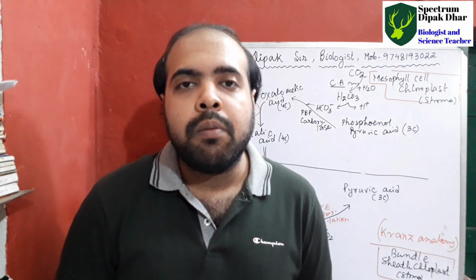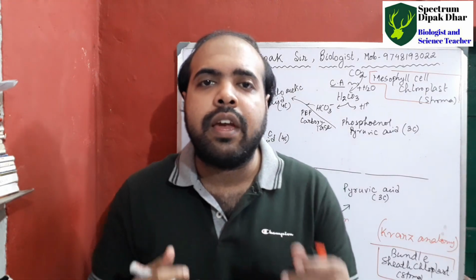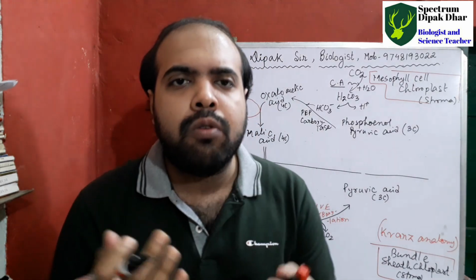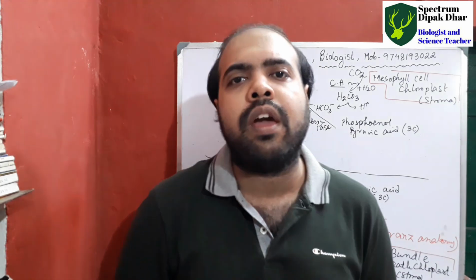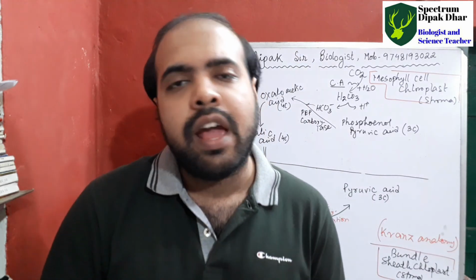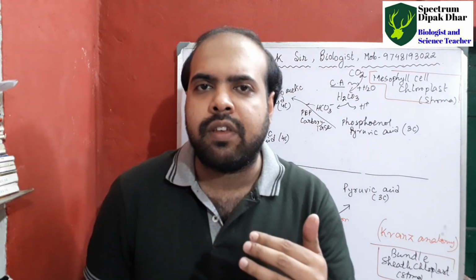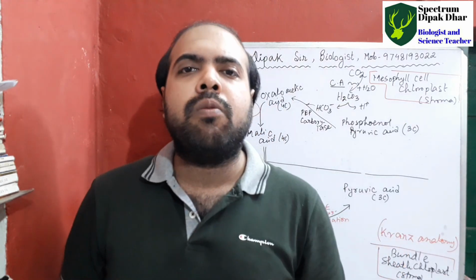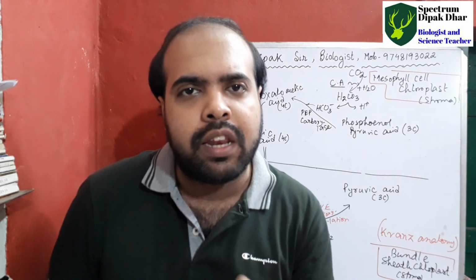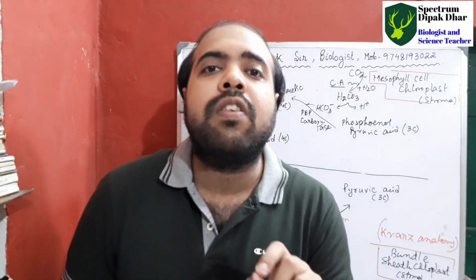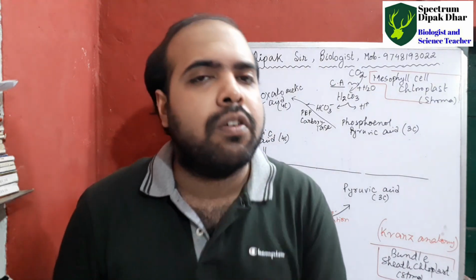Pyruvic acid will be again transported back to the mesophyll cell chloroplast, where it will be phosphorylated at its 3rd carbon to form again phosphoenol pyruvic acid, and the whole process will be repeating once again. So the name C4 cycle will be justified.